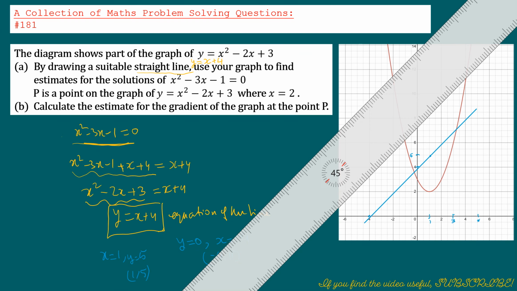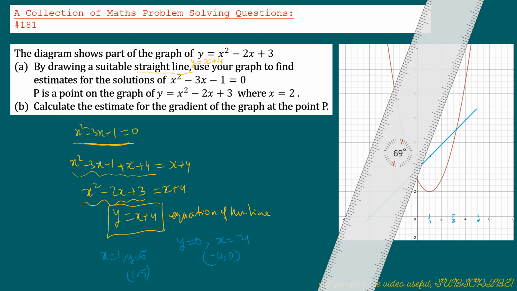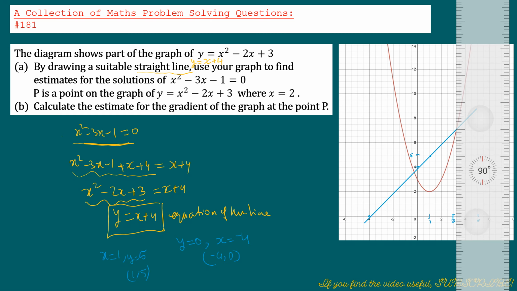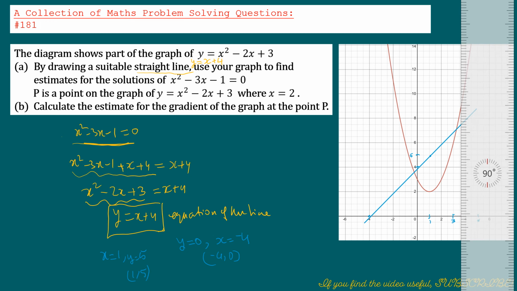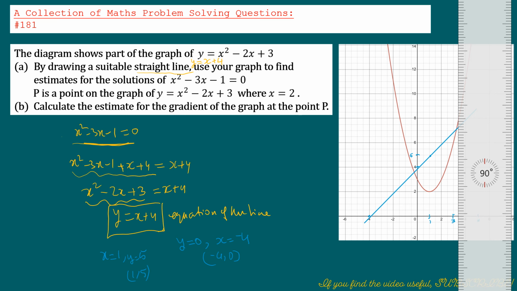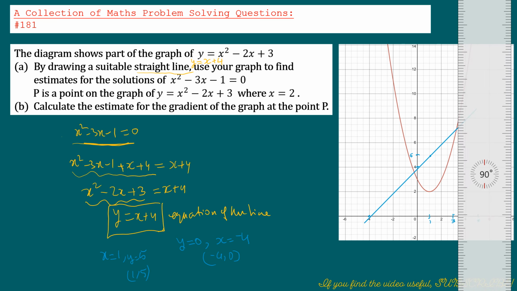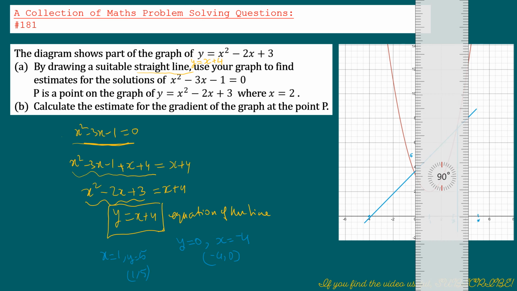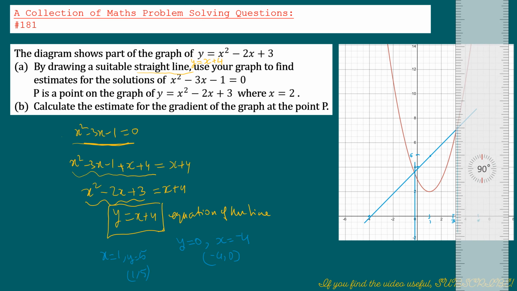Now I have to find the solution. So I have to find the points where they would cross the x-axis. So that would be one line, and that would be the other line.